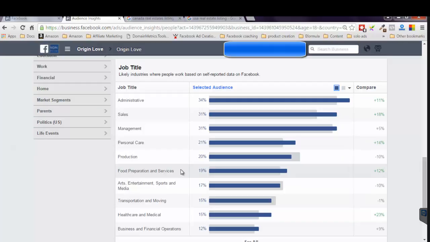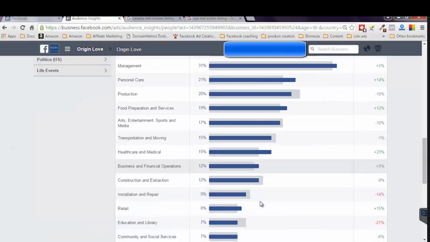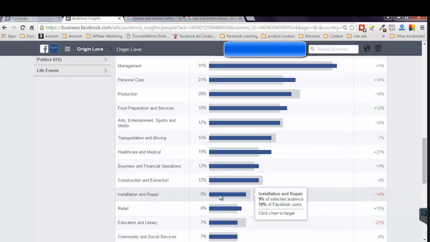People that are in need of financial help are probably more in the service industry, not in the sales or management level. So probably they are in the food preparation and services kind of industry, the construction and extraction kind of industry, the installation and repair.